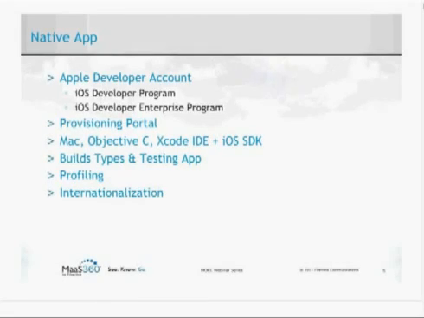You need a DUNS number, which is a Dun & Bradstreet number given to companies, to be able to register with the Developer Enterprise Program. As a side note, for companies who already have an MDM solution out there, chances are that you have already enrolled in the Developer Enterprise Program, because you need an APNS certificate to manage your devices, which you get only after you enroll with the Enterprise Program.